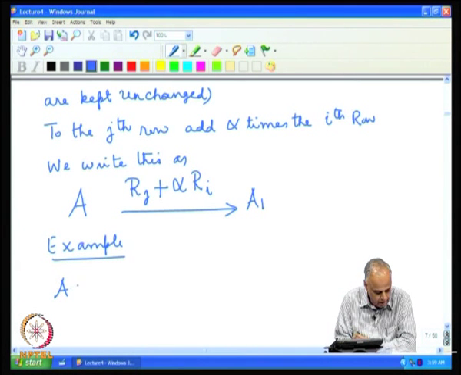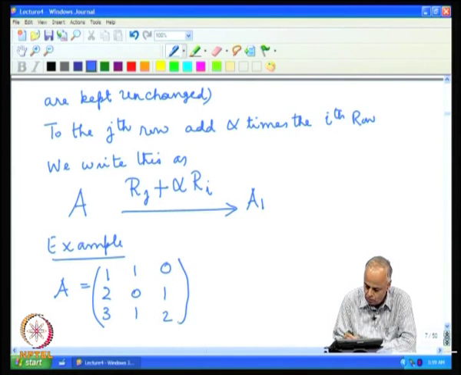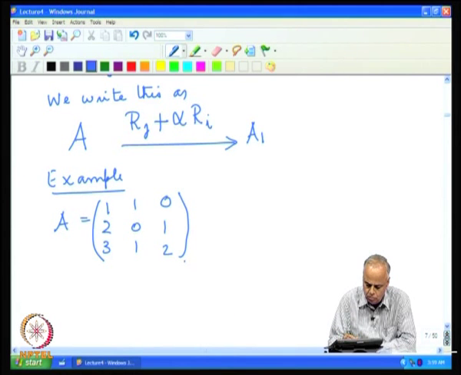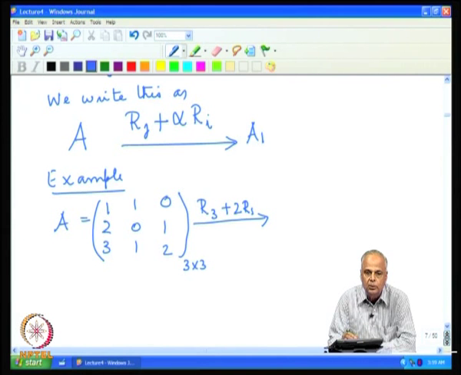Let us say A is equal to 1, 2, 3, 1, 0, 1, 0, 1, 2. This is our matrix. Now, it is a square matrix, it is irrelevant, any square or rectangular matrix we can perform this. So, now let us look at the transformation when we write R 3 plus 2 R 1. What we mean here is, it is the third row alone that is undergoing a change.